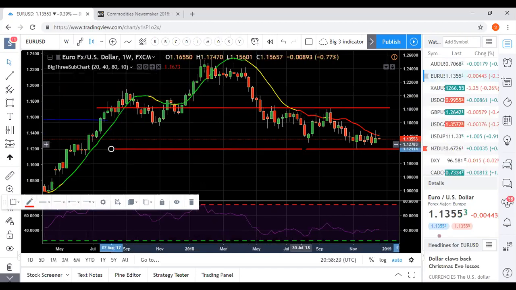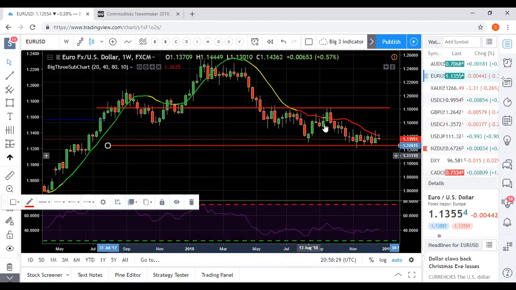That's what it's doing, going there, or slightly upper, which is around here. So it's kind of a ranging market. It's not really doing anything.